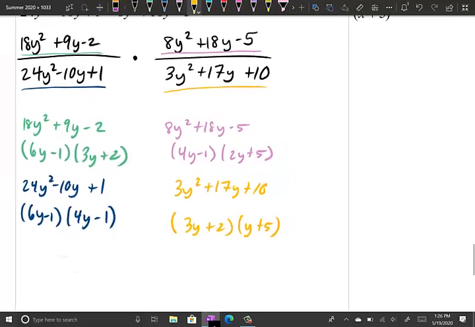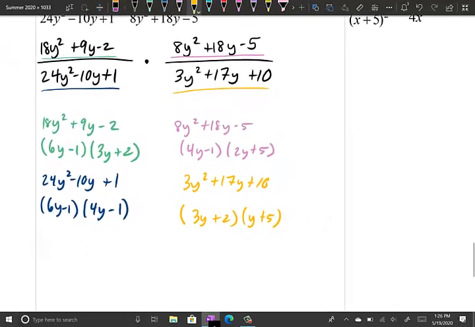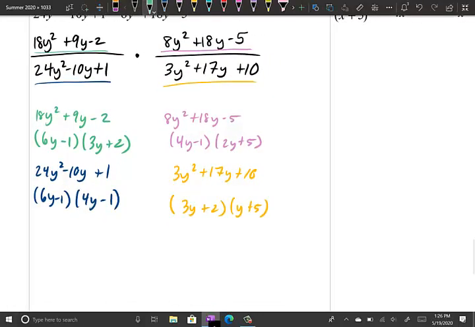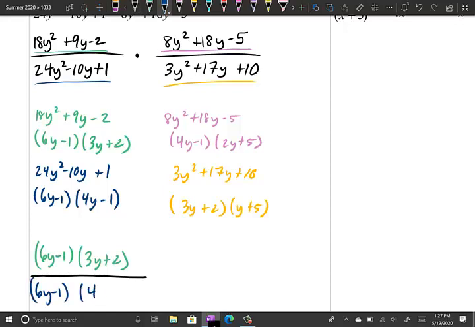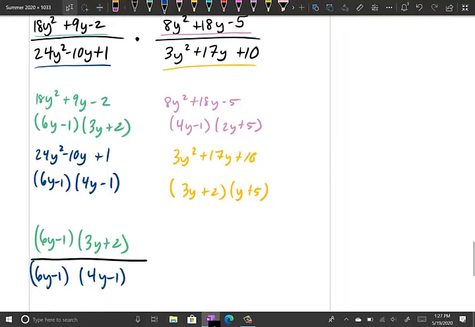So now that we factored it, let's go ahead and put them where they're supposed to go. On the top, we simplified that to 6y minus 1 and 3y plus 2. On the bottom of that, we simplified that to 6y minus 1, 4y minus 1.